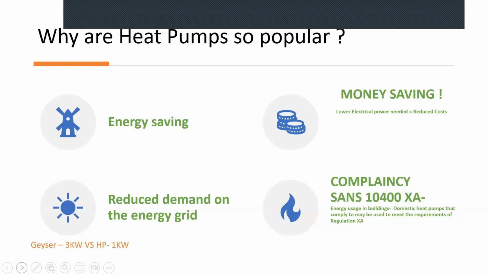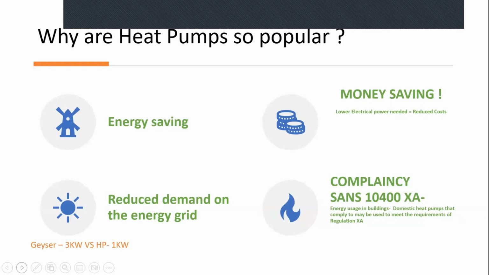On the bottom left-hand corner of the slide, you'll see I've written geyser 3 kilowatt versus heat pump 1 kilowatt. I've put it there to give you an illustration and point out a very important factor. Imagine there's no electricity, we're all on load shedding, and we have 1,000 geysers with a 3 kilowatt element. As soon as the power comes on, all these geysers want to start up.